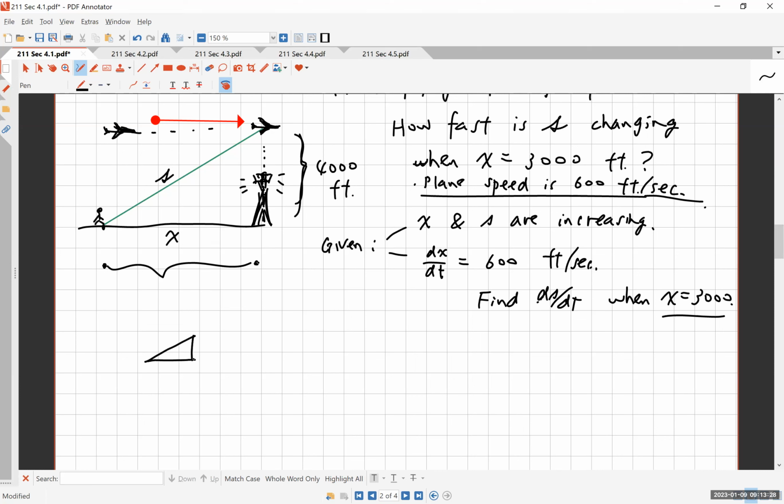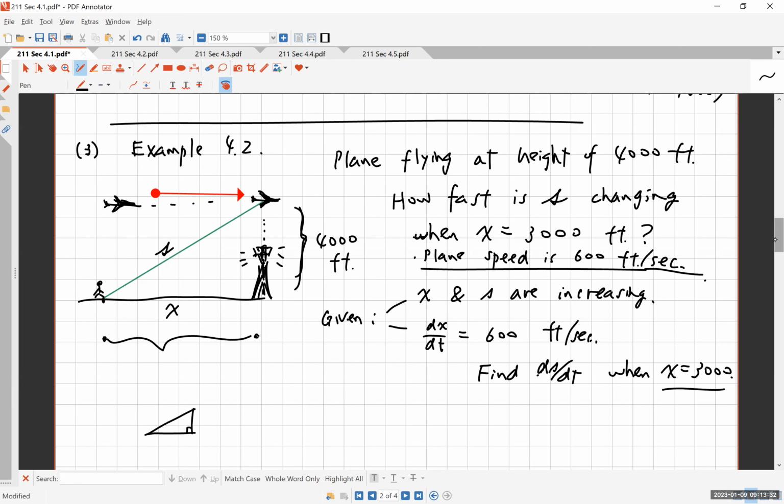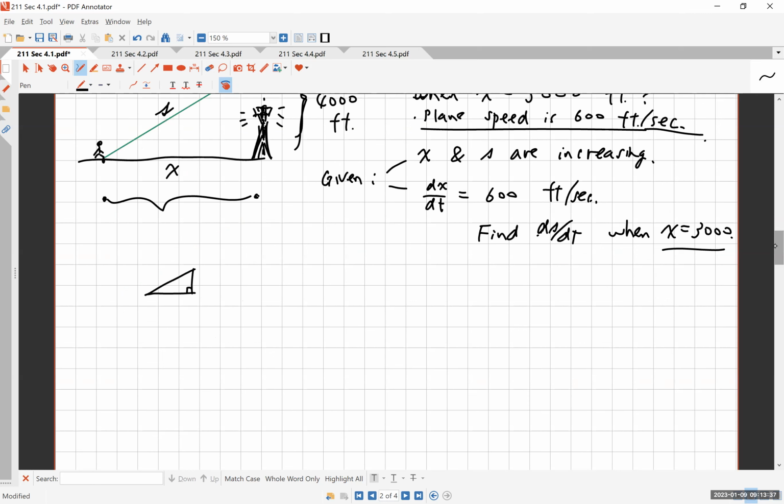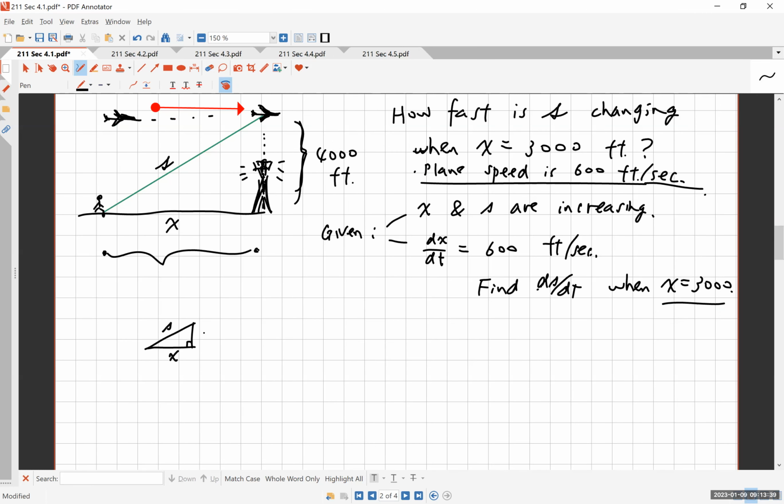You can see here that you have a right triangle. Again, this is very different from the first two problems. It is still based on geometry, but this time it's quite a different type of geometry. It's almost like trigonometry, but we don't have to go into trigonometry yet because this is just the Pythagorean theorem.